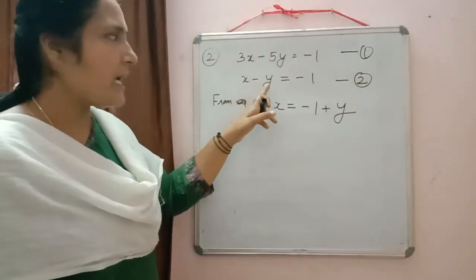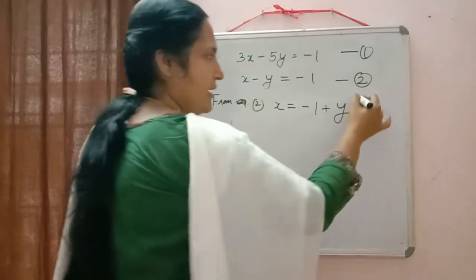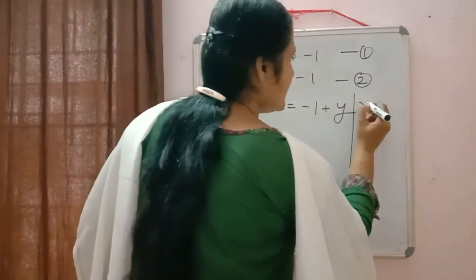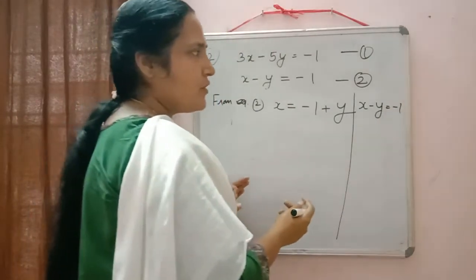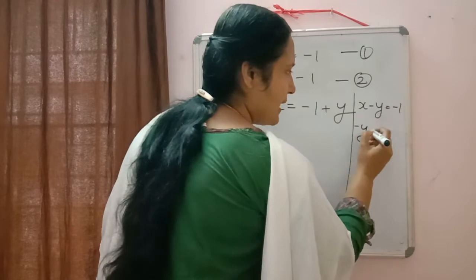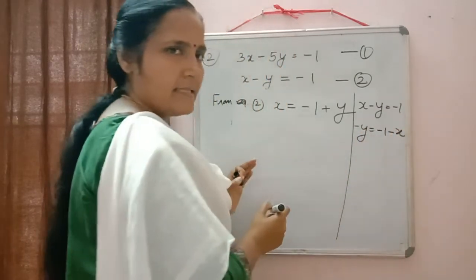If you want, you can write y also. No problem there. If you want to do it with y is equal to, how it will come? It is written x minus y is equal to minus 1. Now suppose you shifted x to right hand side. Then it will be minus y is equal to minus 1 minus x. Then what we can do?